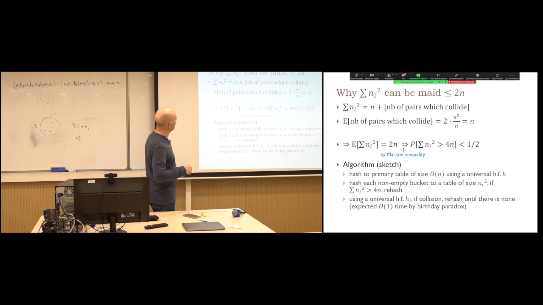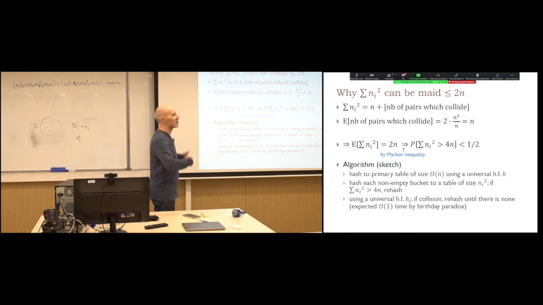So the expectation of the total size of the second level hash tables is 2n. And by Markov inequality, the probability that it's more than, say, 4n is less than 1/2. And this is again the same idea.